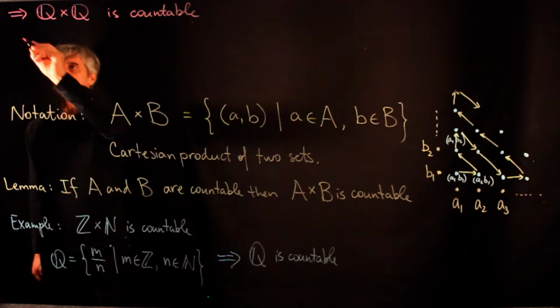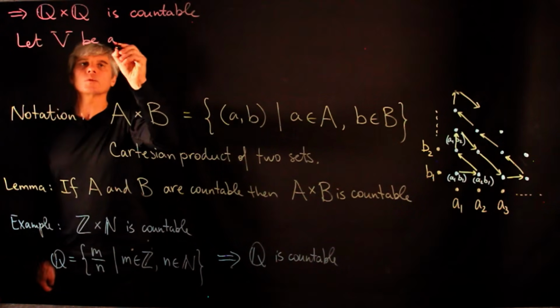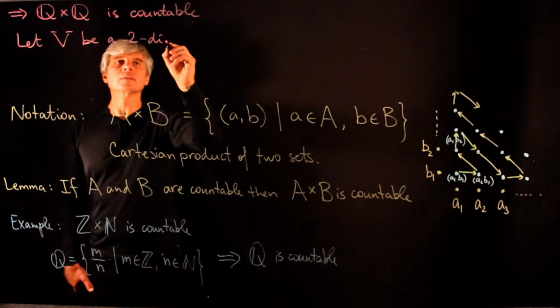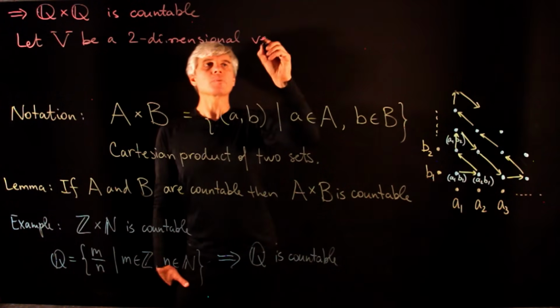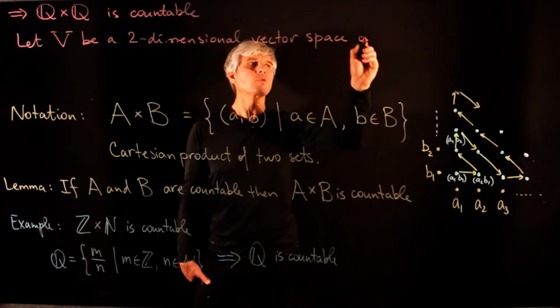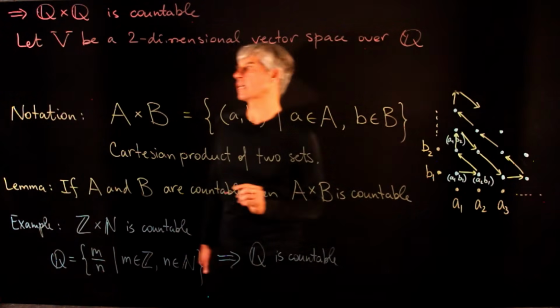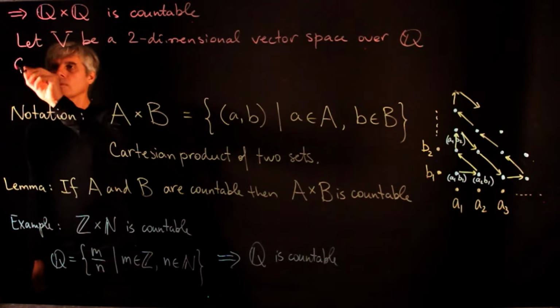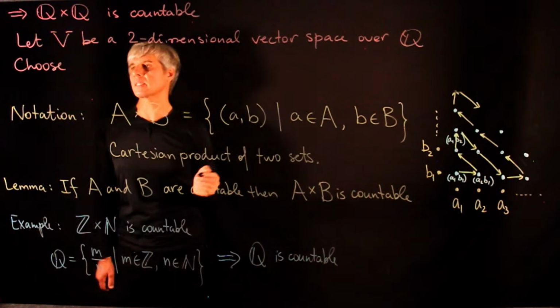Now, let V be a two-dimensional vector space over Q. So we can choose a basis. We know that any finite dimensional vector space has a basis.